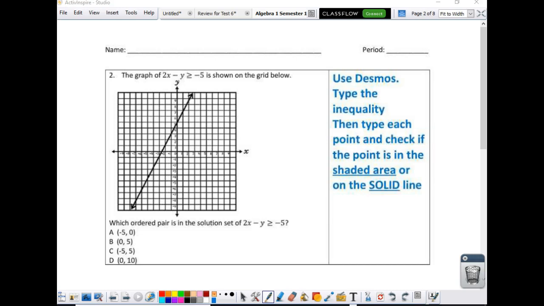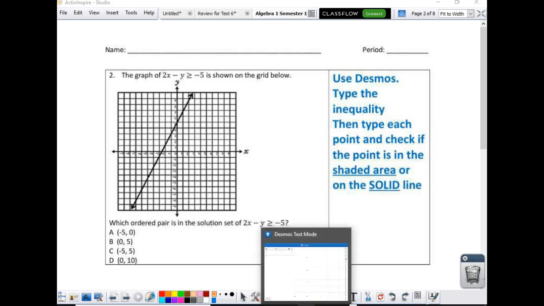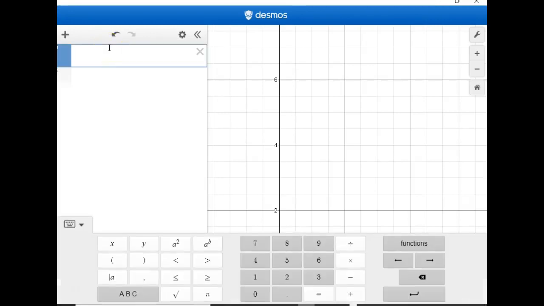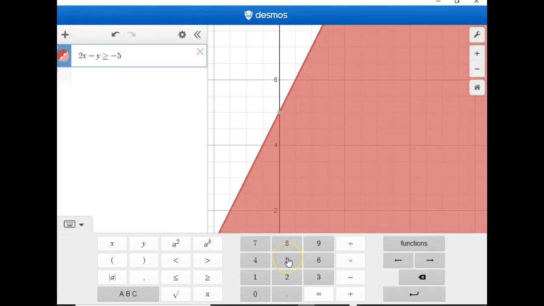Open up Desmos, and let's type it in. So we have 2x minus y is greater than or equal to -5. Here's the greater than or equal to symbol. -5.